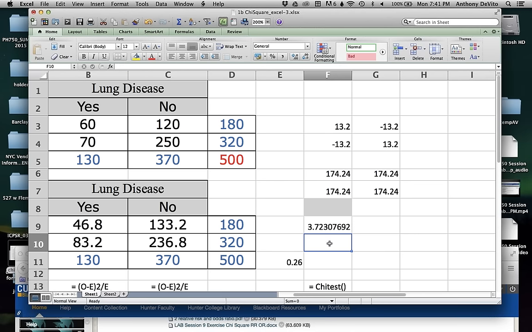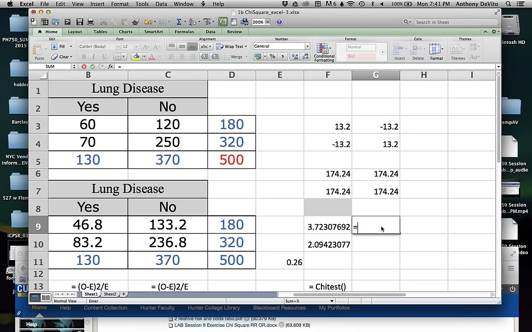I'm going to take this number, divided by the expected value, which is 83, gives me that value. I'm going to take this one here, divide by the expected value for this, and I'm going to take this square and divide it by the expected value for this cell.